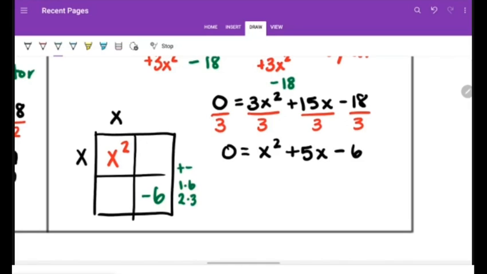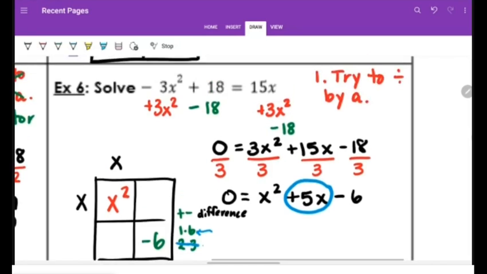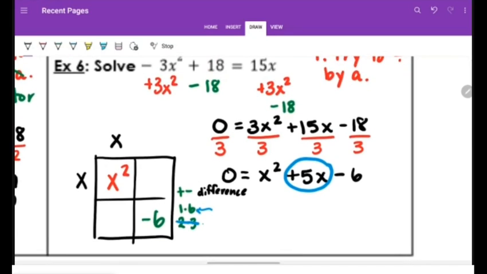We also know that since they are different signs, we need a difference of our two numbers to give us the plus 5x. So the sum of 2 plus 3 is 5, but we don't want a sum. We need a difference. The difference of 1 and 6 is 5. So we'll use 6, 1. The bigger one will be positive because we need a positive 5x in the middle. And that will give us 6x and negative 1x.